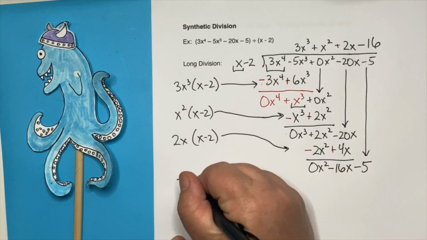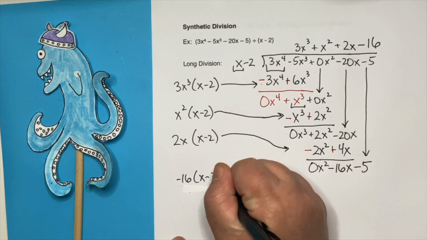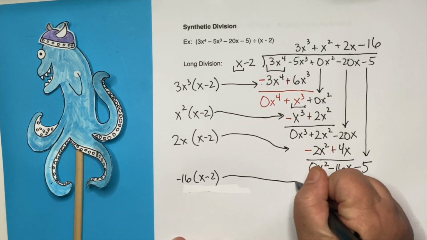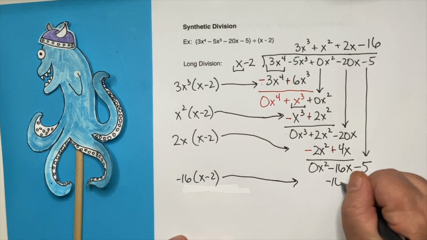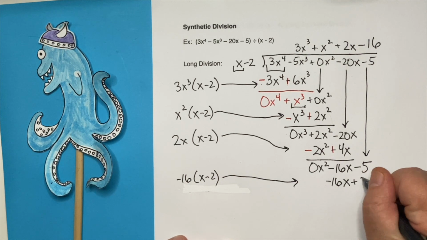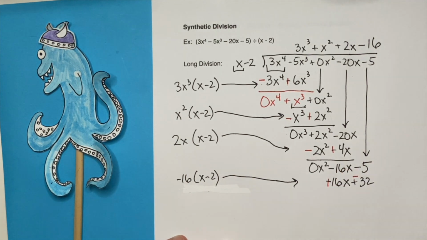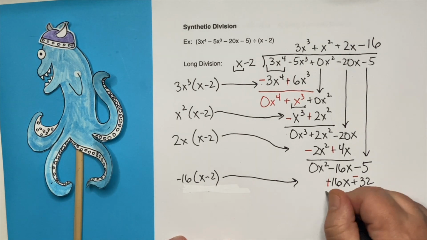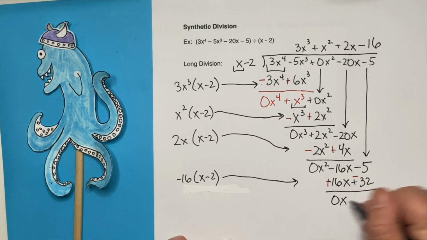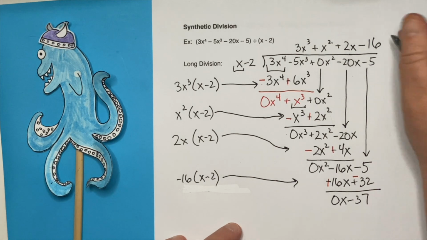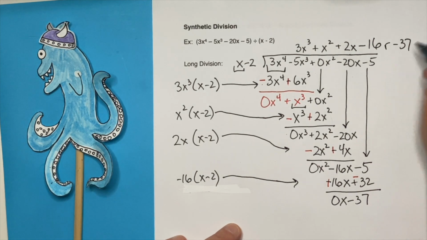So then I've got negative 16 times x minus 2. That's going to be negative 16x plus 32. Change the signs and add. And then my remainder is negative 37 because I've run out of x's.